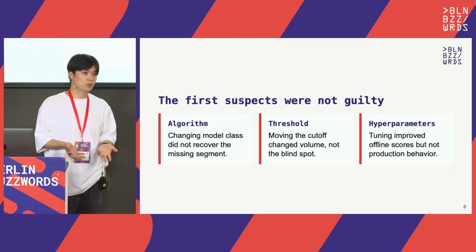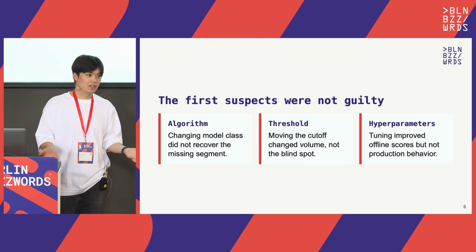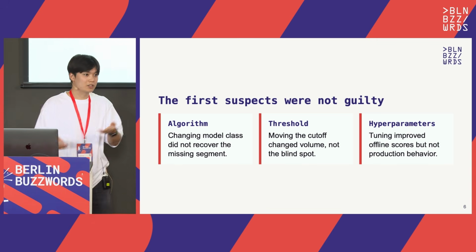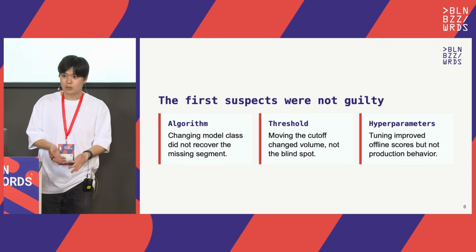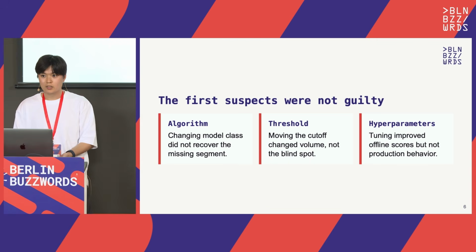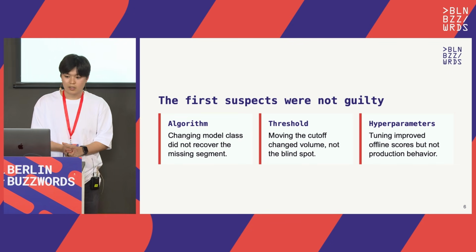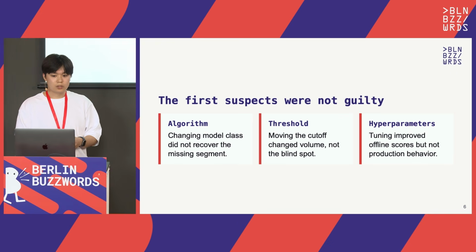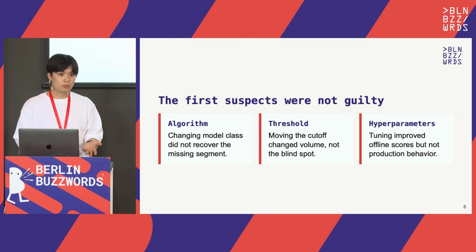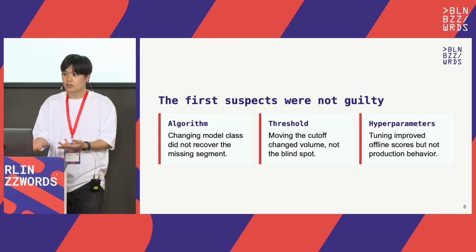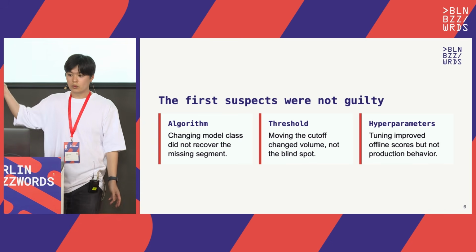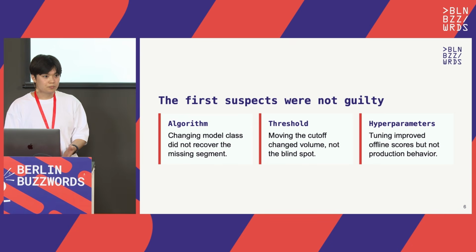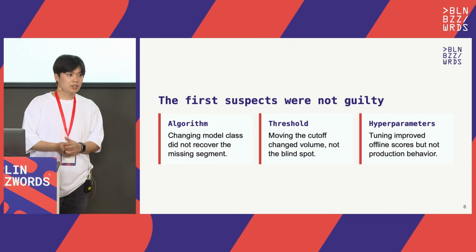What if we change the model architecture? Instead of the LightGBM model, we can try more complex models. Maybe the signal is too complex. As I said, we can play with the threshold, but it also didn't help.